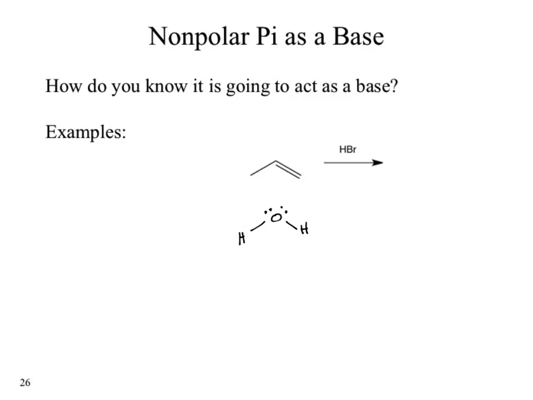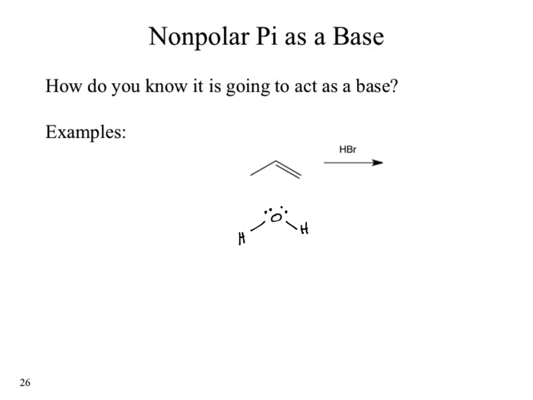I was not hoping for that answer, because that's a better answer than what I would have come up with. Shoot. And I can't come up with one that's not going to get you partial charges. No, actually, that does work. Let's work with that. Why does water have partial charge but the alkene not?